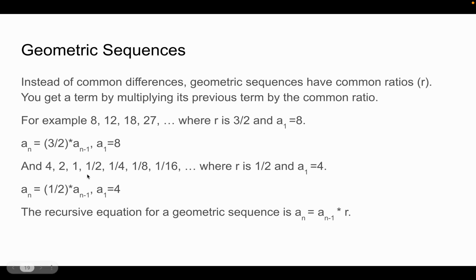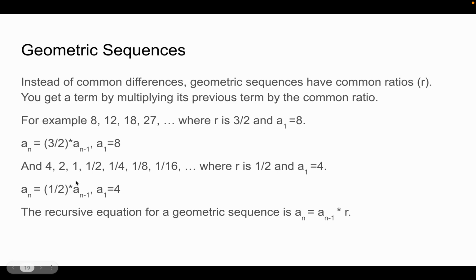For example, if you wanted to find a4, which is 1/2, we would have 1/2 of a3, and a3 is 1/2 of a2. a2 is 1/2 of a1. We know a1 is equal to 4, so a2 equals 4 over 2, which is 2.